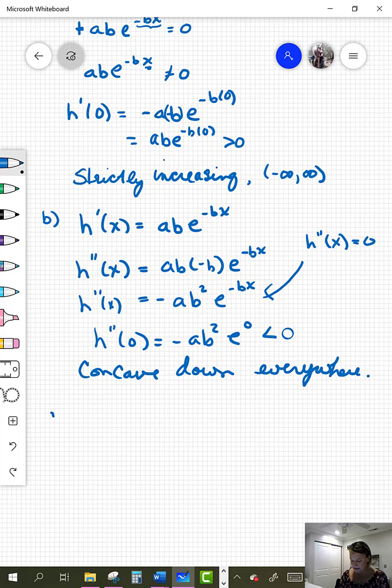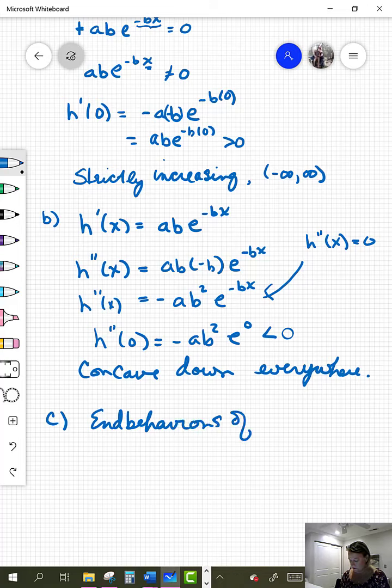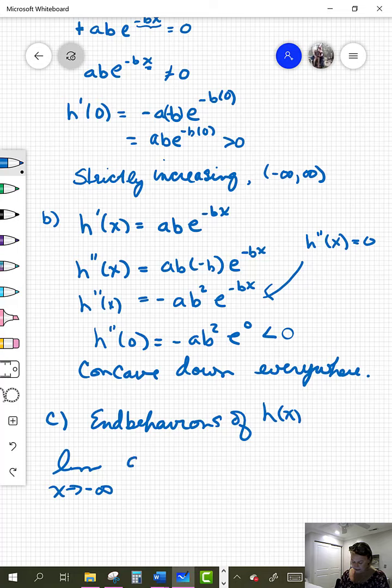And then the last piece was looking at the end behaviors of your graph of h of x. And so if we look at the limit as x is approaching negative infinity of this a minus a e raised to the negative bx, and we plug in negative infinity wherever we see an x, this is going to give us a minus a e raised to the negative b times negative infinity.